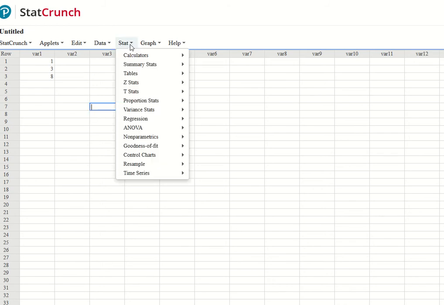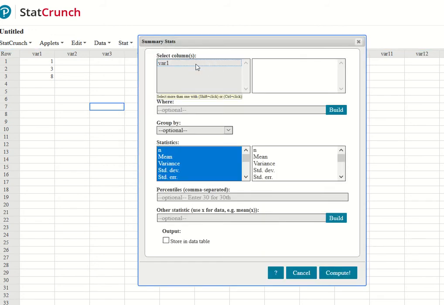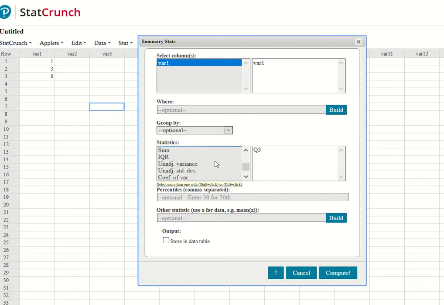Now we'll go to Stat, Summary Stats, Columns, and choose this column. I want the population standard deviation, which is the unadjusted standard deviation.